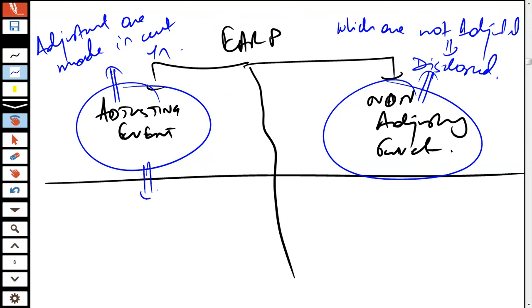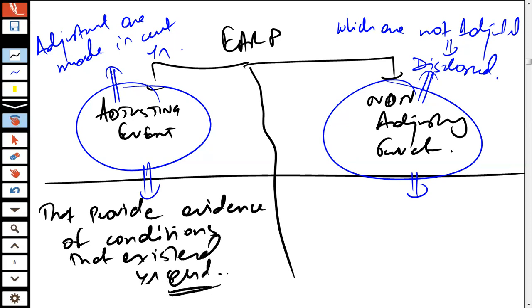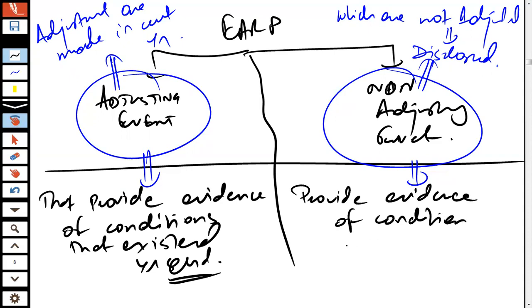Now, what exactly are the adjusting events? What exactly are the non-adjusting events? The adjusting events are those events that provide evidence of conditions that existed at year end. And non-adjusting events provide evidence of conditions that arose after year end.